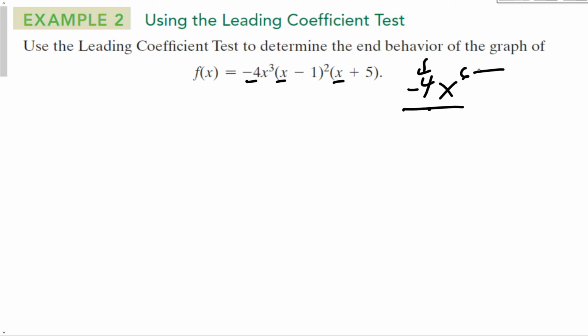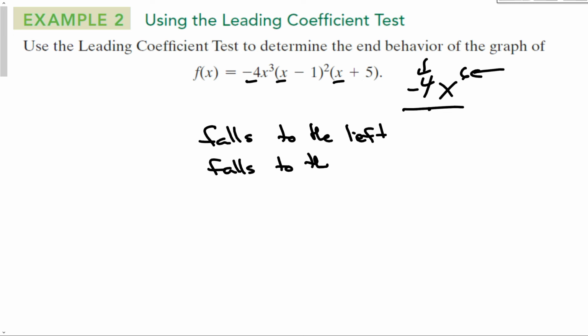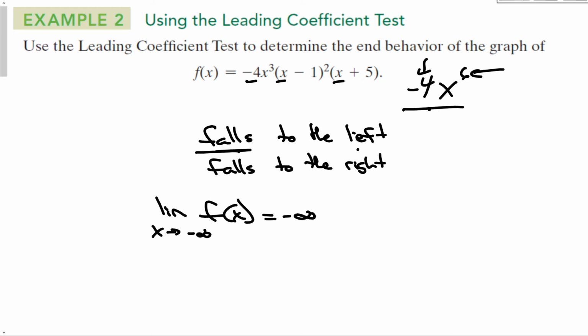It is a negative. The exponent is even. That means this falls to the left and falls to the right. Okay? With limit notation, I can say that the limit as x approaches negative infinity of my function, as I go left, it falls, so that's negative infinity.